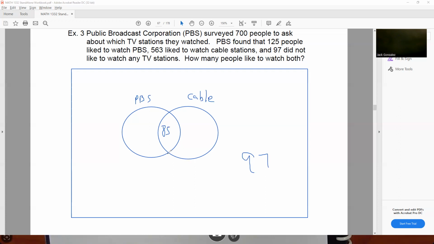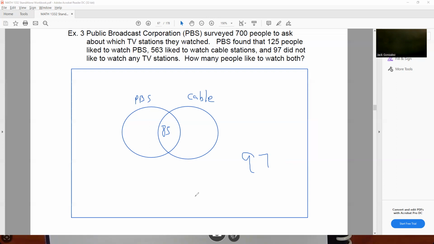Because we added PBS plus cable, that means we added the 85 two times. Oh, I added 97 too. So I added this one, and 97. You got 785. So that extra is the inner part, because whenever you add two sets together, it adds that middle part twice.